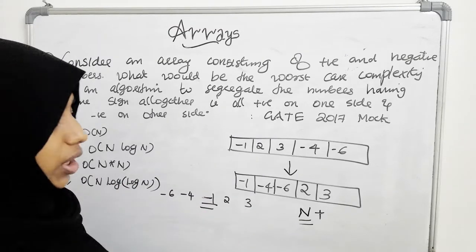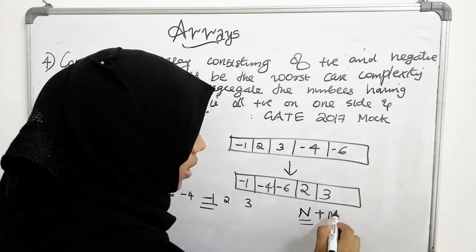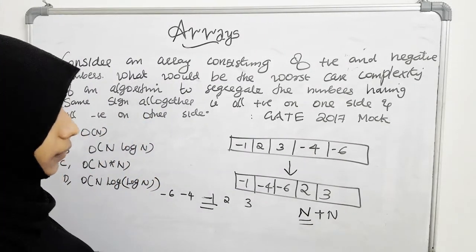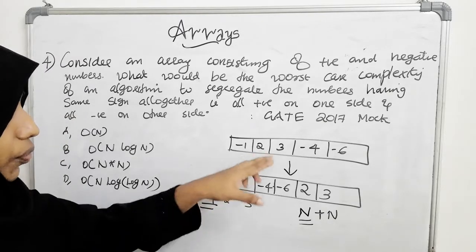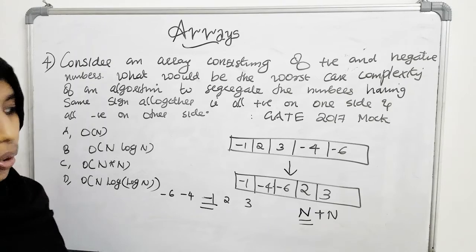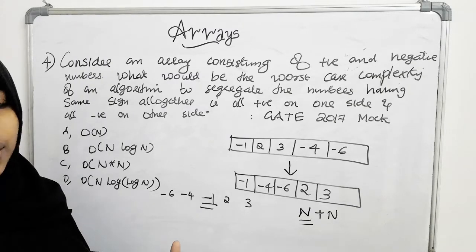That takes a maximum of n operations. So first find the largest negative number, then take that as the pivot and do the partition algorithm.